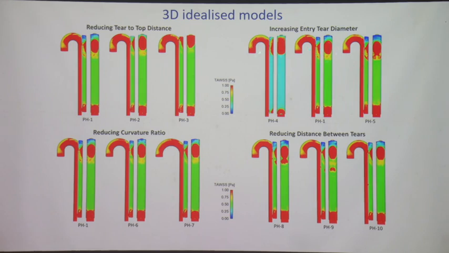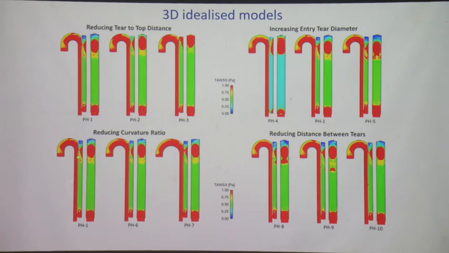Obviously the size has an effect on the size of the high shear stress region and the size of the low shear stress region. You can see that in this case the low shear stress region grows as you increase the entry tear size. All these were obtained by keeping the rest of the geometry the same.